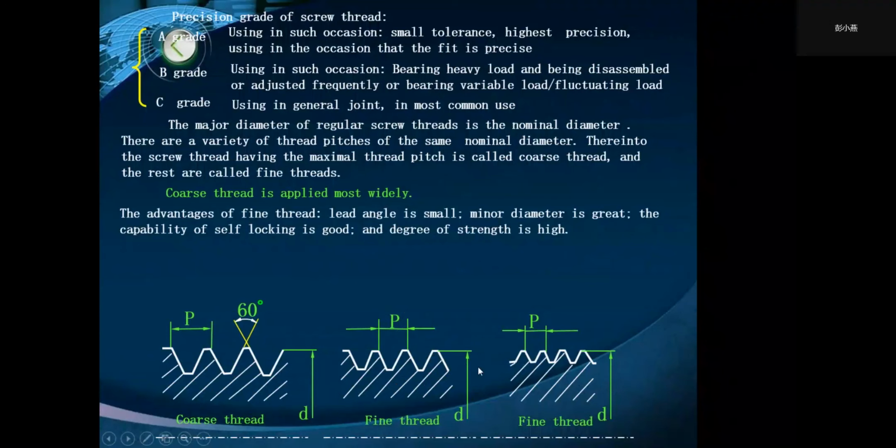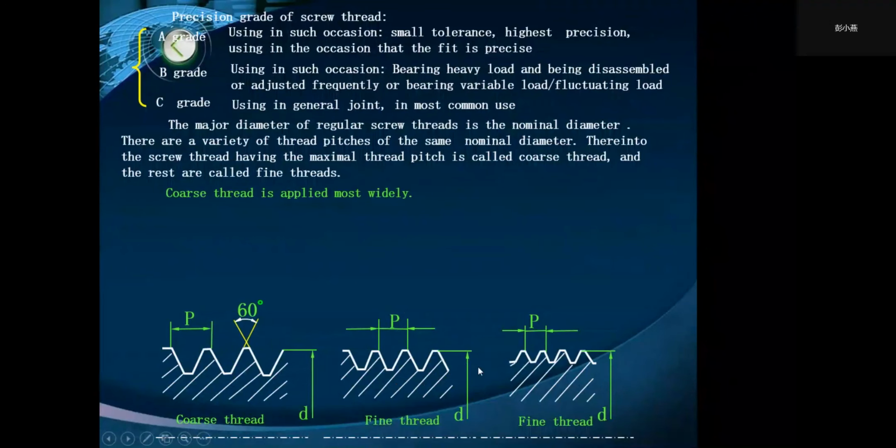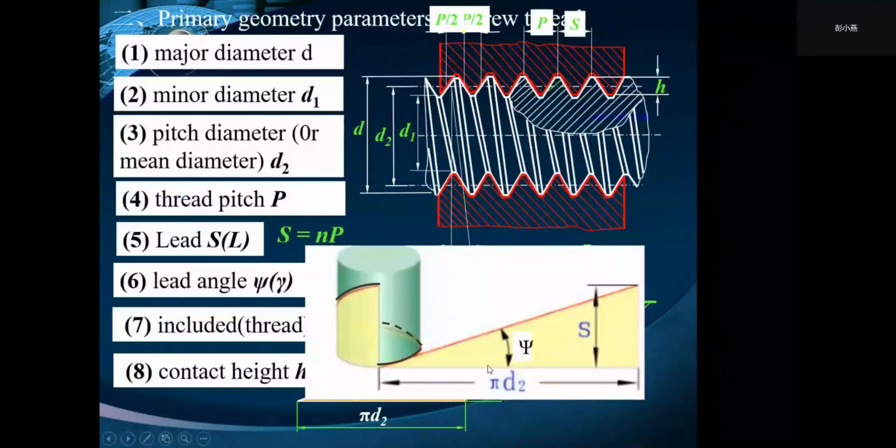For lead angle psi or gamma, we have tangent gamma is equal to the lead divided by pi times D2.